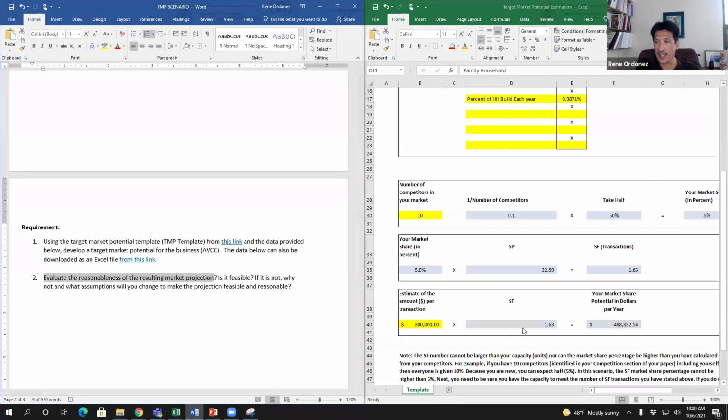So you say, hey, my projection is that I can capture like 2 contracts per year, 2 constructions per year. So evaluate that. Is it a financial number that you can live with?